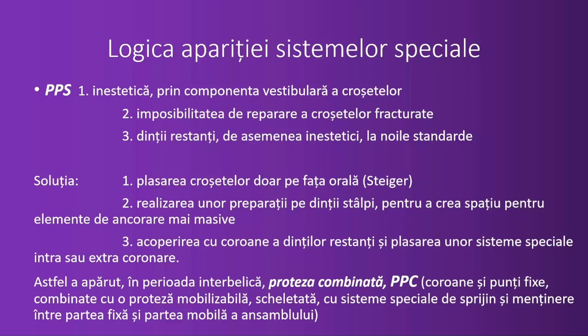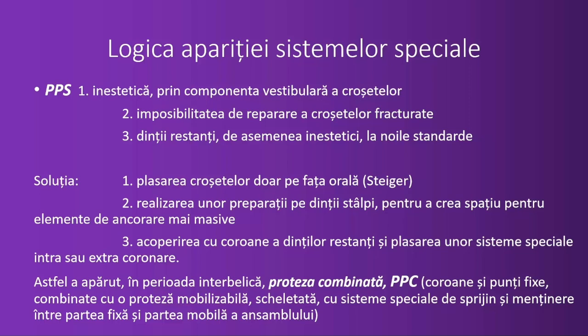Anyhow, the first thing was, why don't we place the clasps on the oral side of the teeth? That was Steiger's idea. Second, why don't we create a preparation on the pillars, the abutment teeth, to create space for more massive attachments?